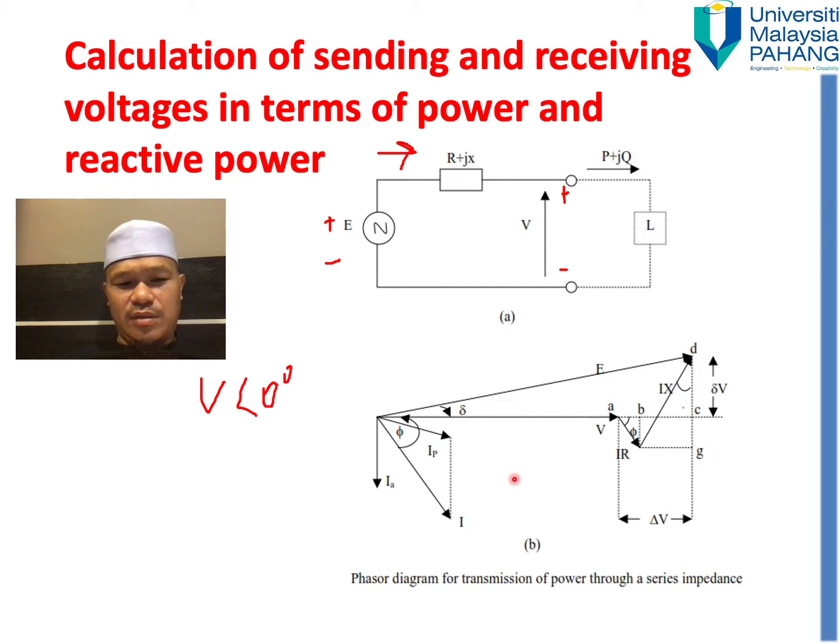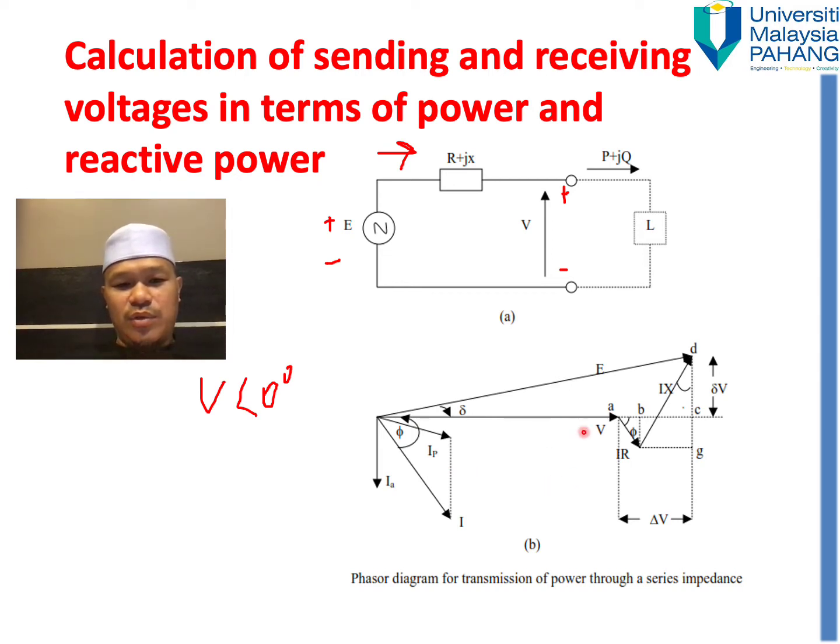So we can see here that we have the current there. When the current flows, we have the voltage drop here. Normally your current will be at an angle with the voltage, in terms of phi.